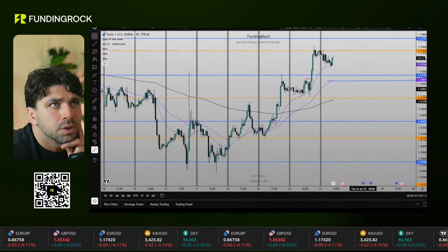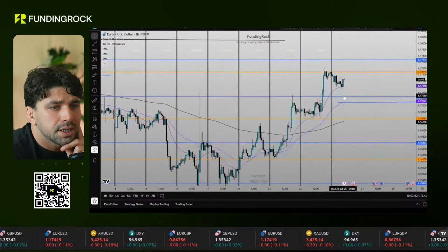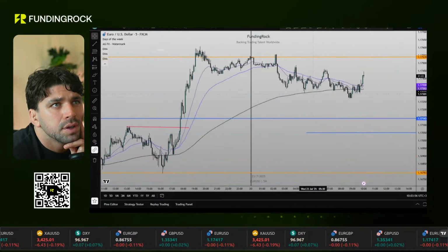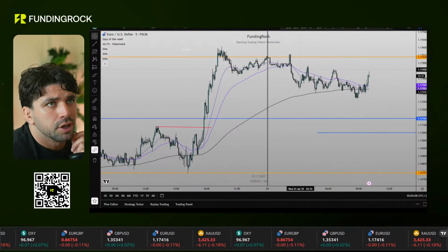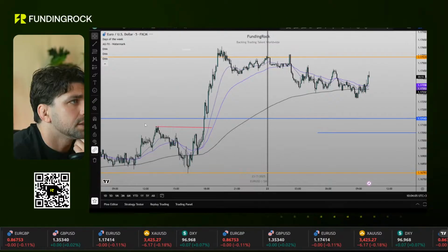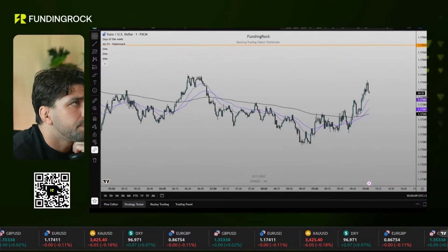Let's have a look at EU. I think we're going to get that continuation on EU. We just had that open, taking down all of the Asian lows. So Asian highs would be a good target. Let's see if we can get into that trade then. Break, retest, continuation maybe.